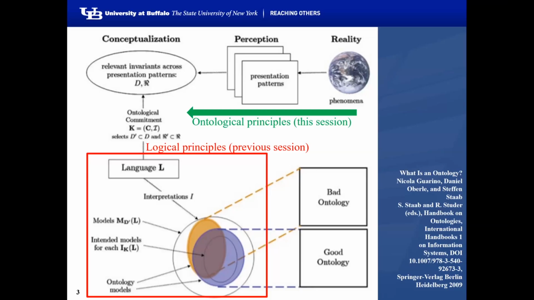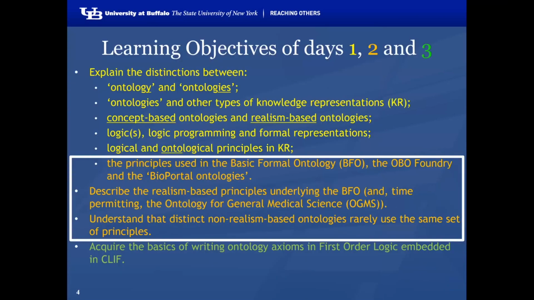And certainly also for tomorrow, I will demonstrate how by using some practical tools, you combine those 2 to design an ontology. So learning objectives for today, primarily the principles used in the basic formal ontology, which is an upper level ontology that has been designed so that it can accommodate all domains. We will briefly touch upon the OBO Foundry and the BioPortal ontologies.